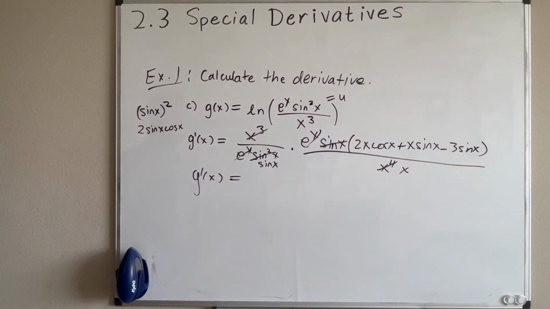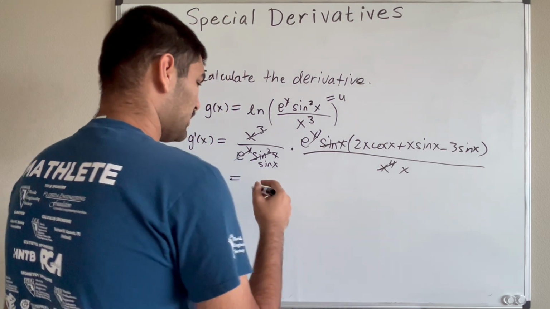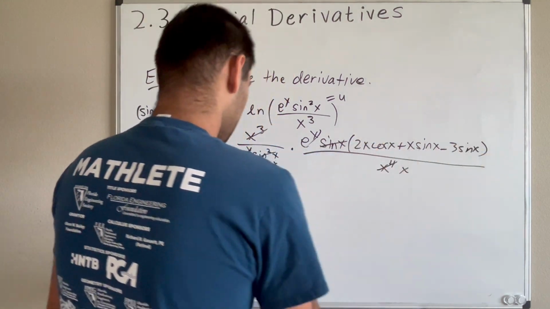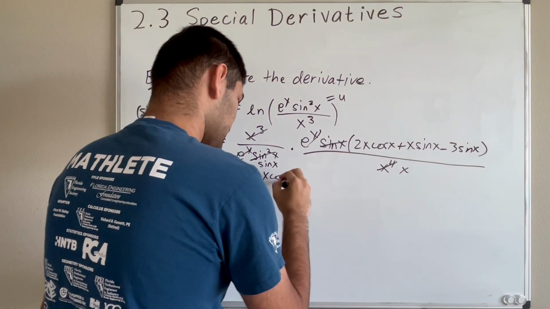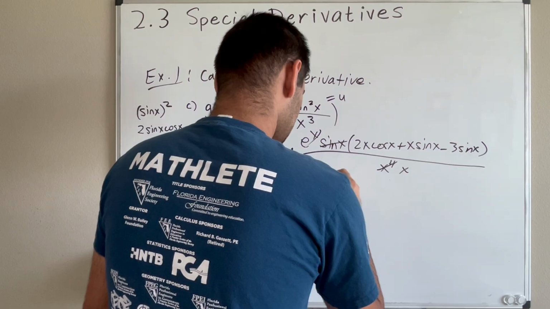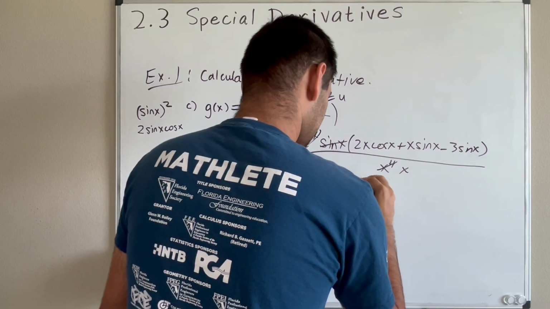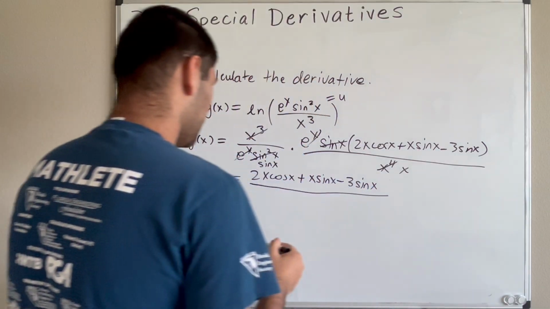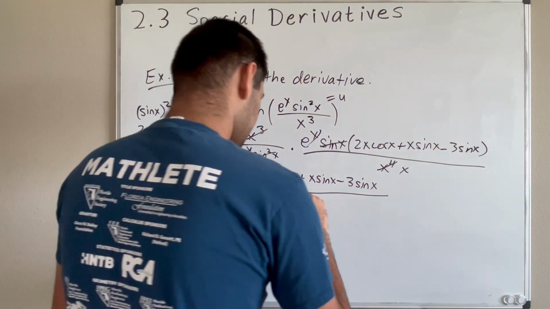So, ladies and gentlemen, in the numerator, we're just left with 2x cosine x, or sorry, plus x sine x minus 3 sine x, right? So that's the whole numerator. And then in the denominator, we're left with an x sine x.